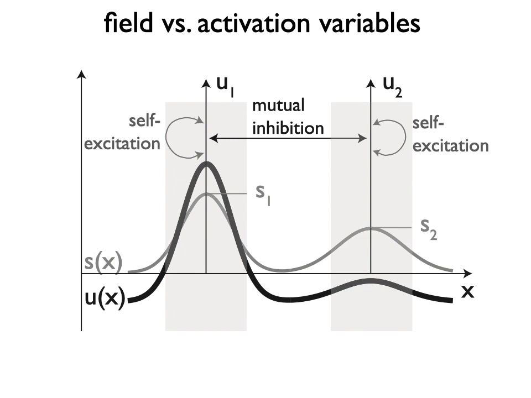So for instance, if I'm summing all that in this region and writing down the activation in this region, and have another region where I sum that, then the effective interaction between these two would be guided by mutual inhibition and self-excitation. So the discrete approximation is just an approximation of the underlying continuum.